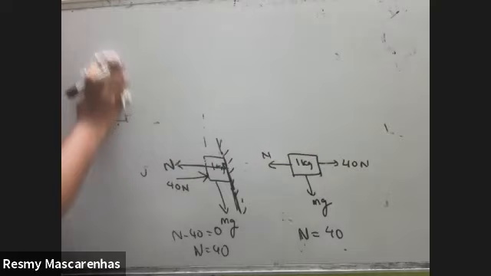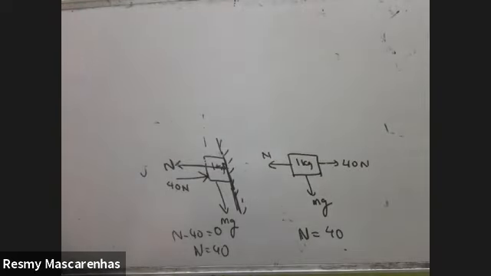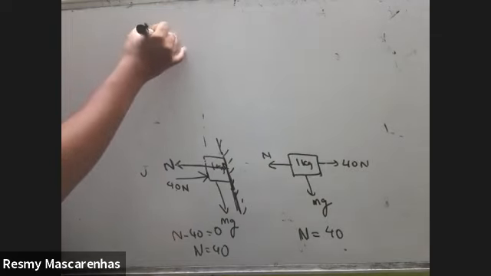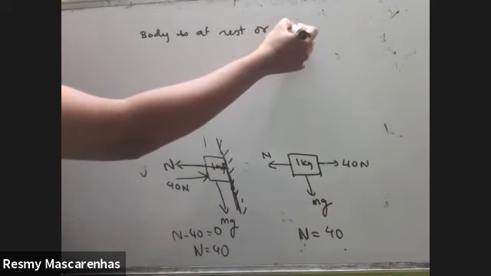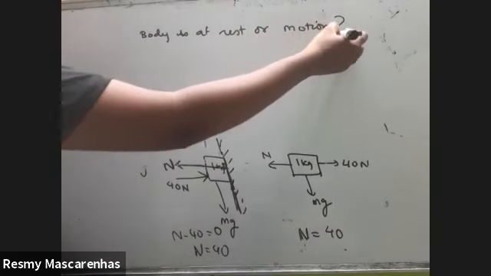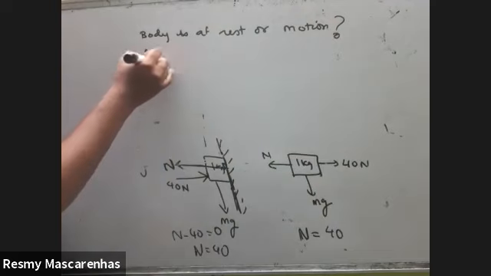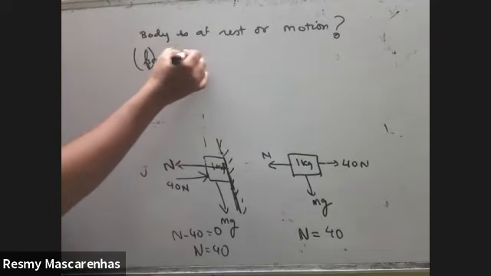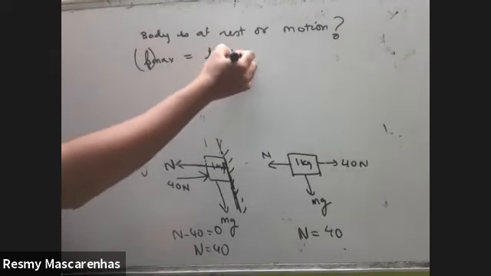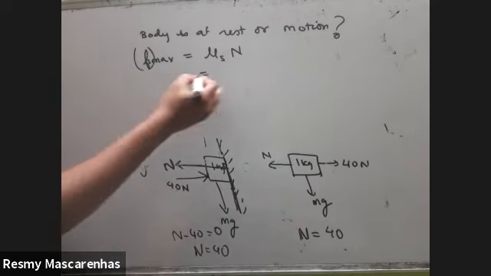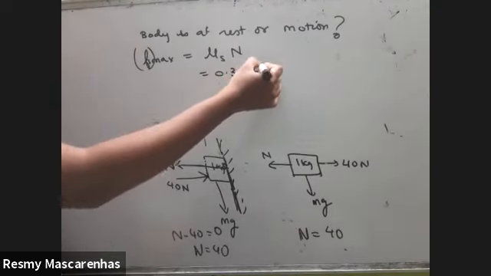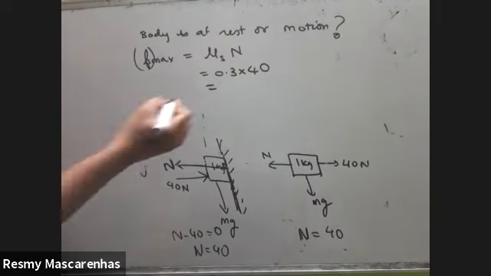We got N. Now we'll check. Again, we don't know whether the body is in motion or not. We'll check Fs max. 0.3 times 40, that is 12.